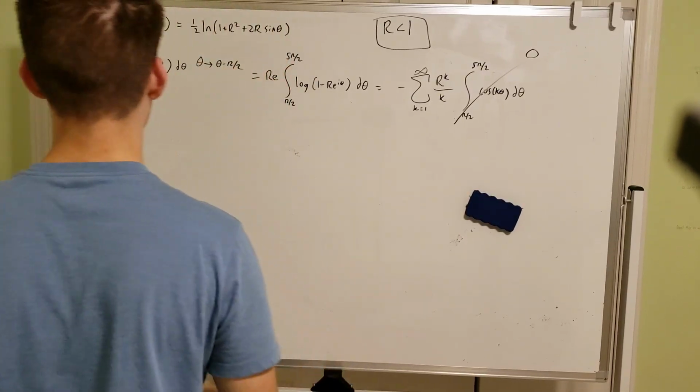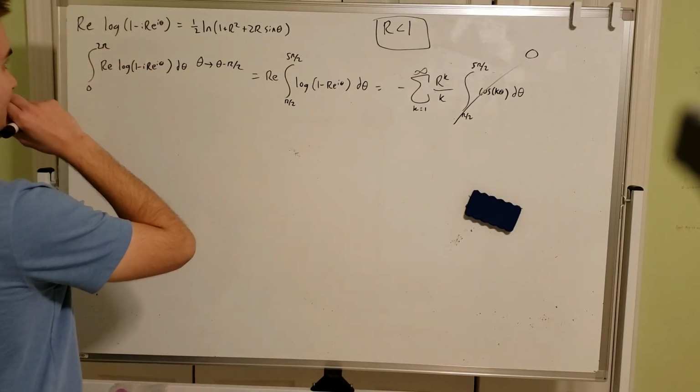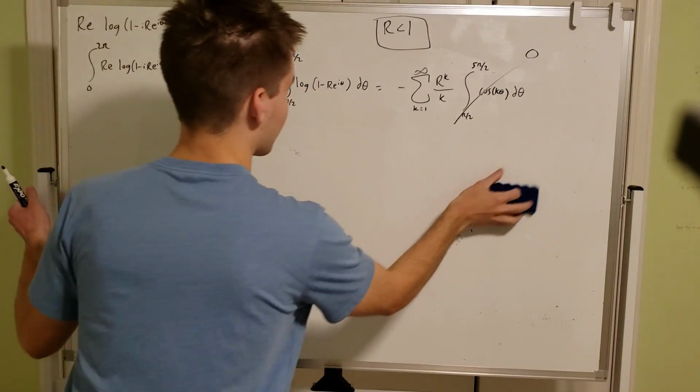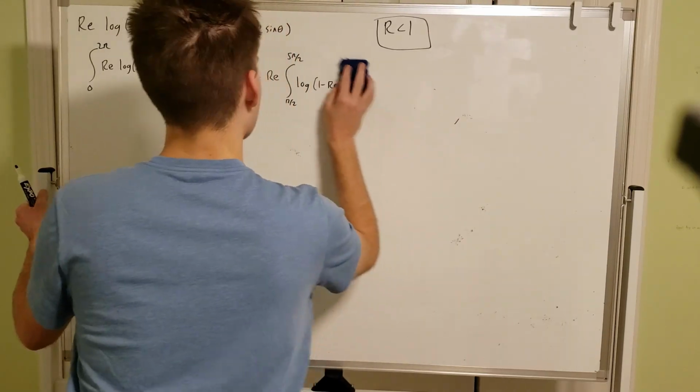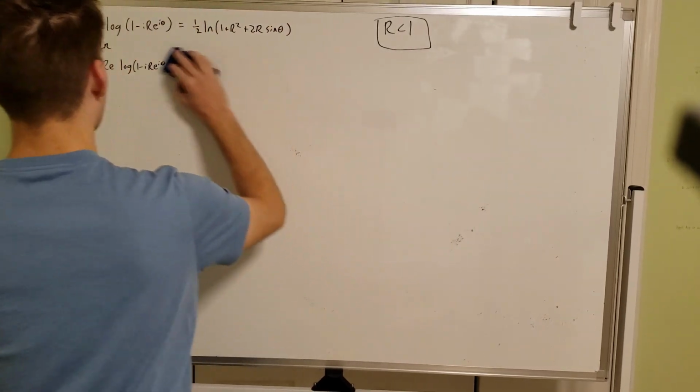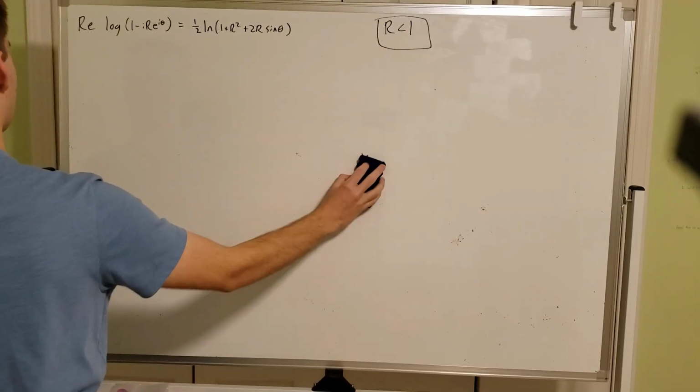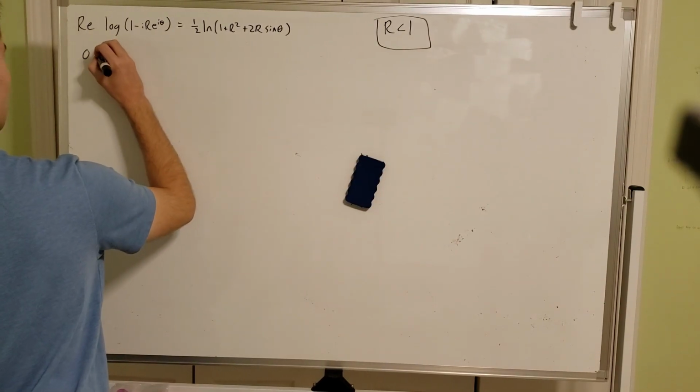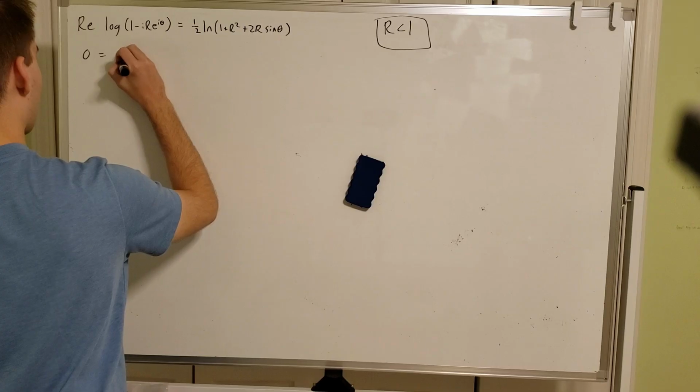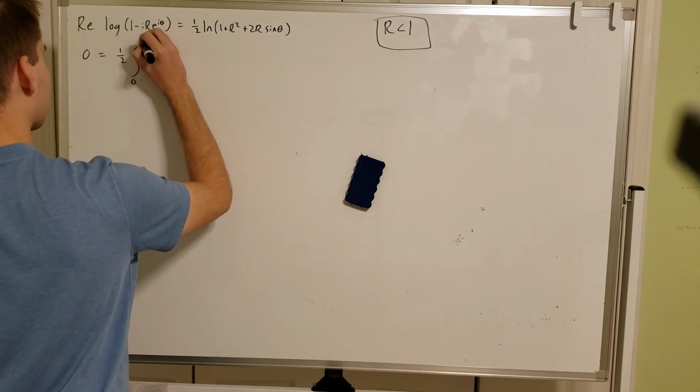And what did that tell us? Actually, I should erase this first. That tells us that 0 equals this.